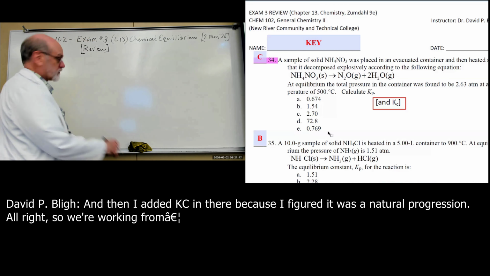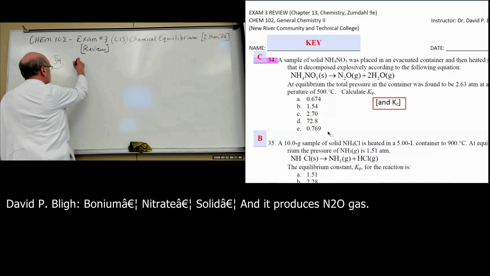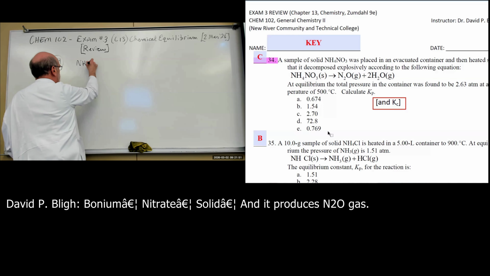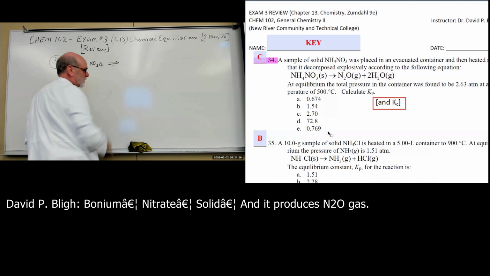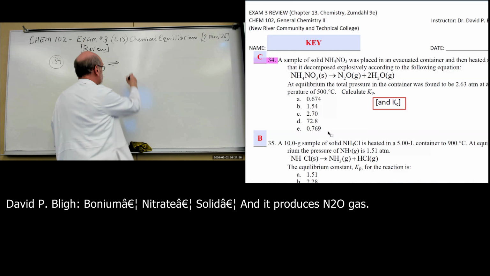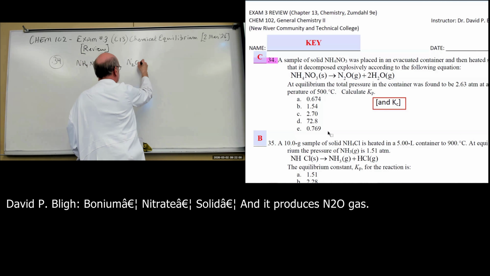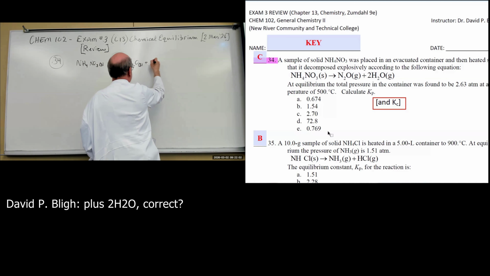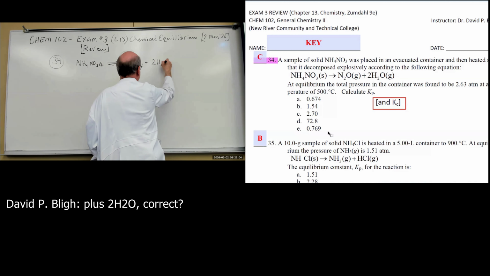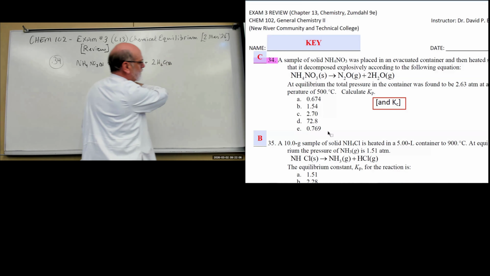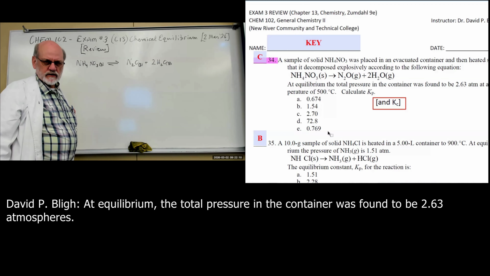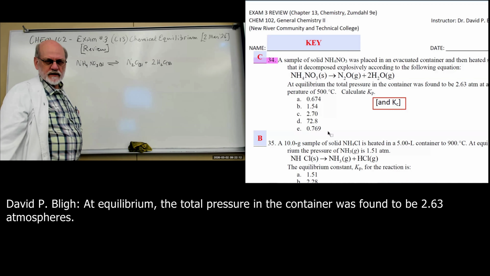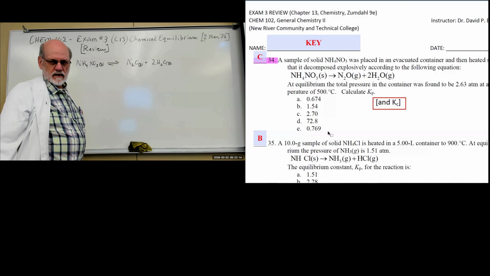All right, so we're working from ammonium nitrate, solid, and it produces N2O gas plus 2H2O, correct? Yeah. At equilibrium, the total pressure in the container was found to be 2.63 atmospheres.